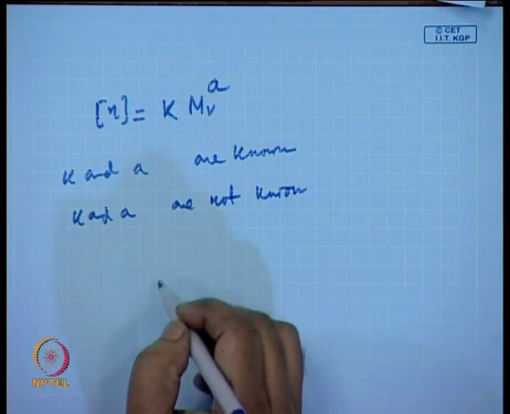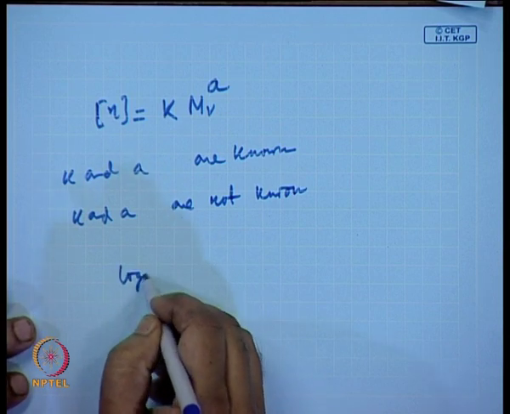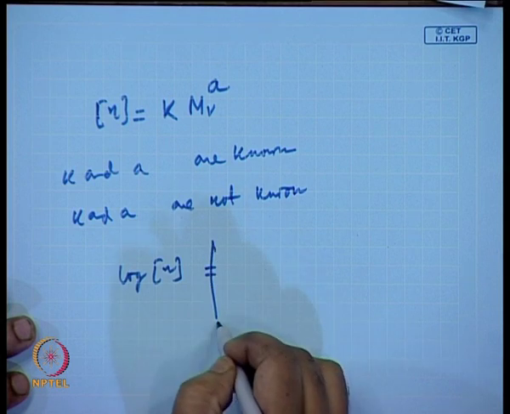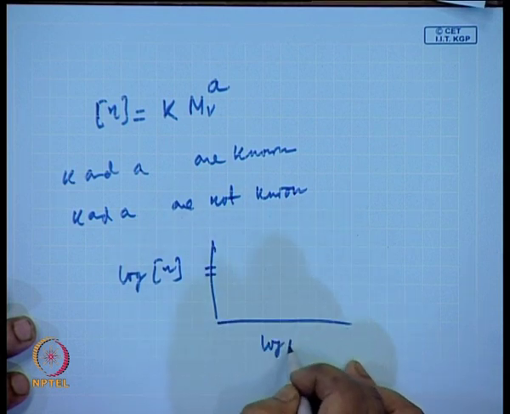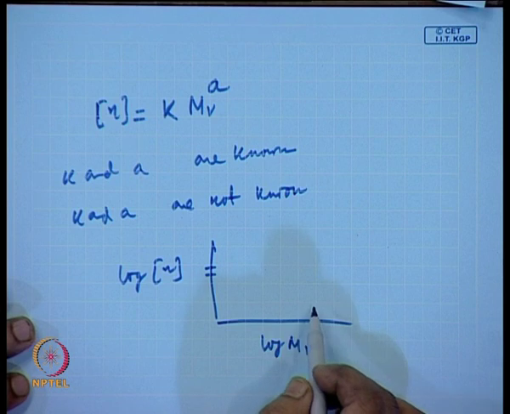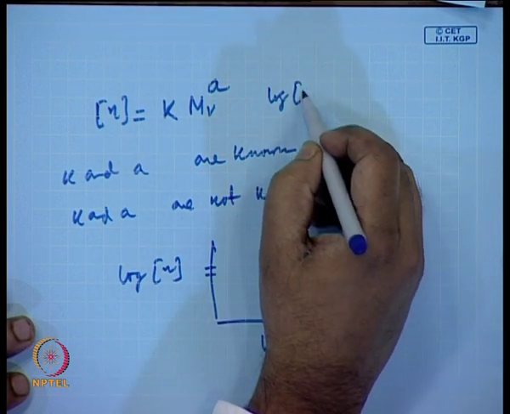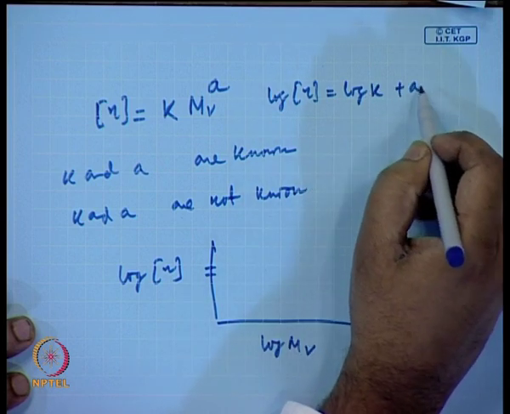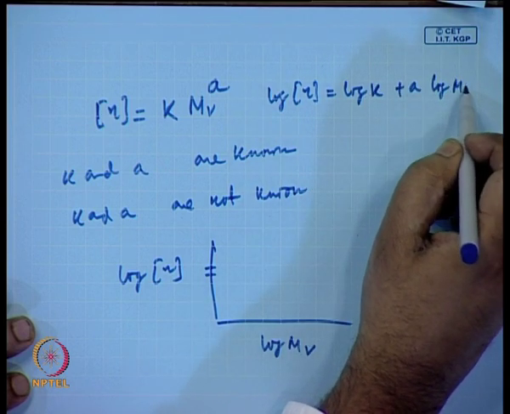Then you take log eta and plot it against log M_v: log eta equals log K plus a log M_v.